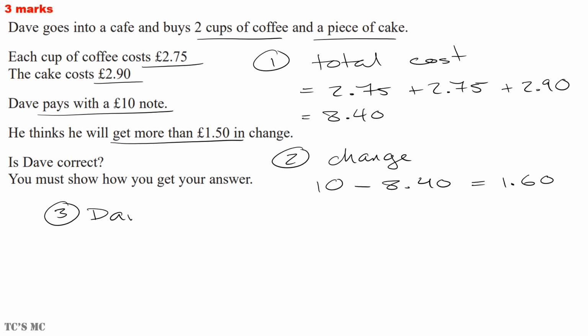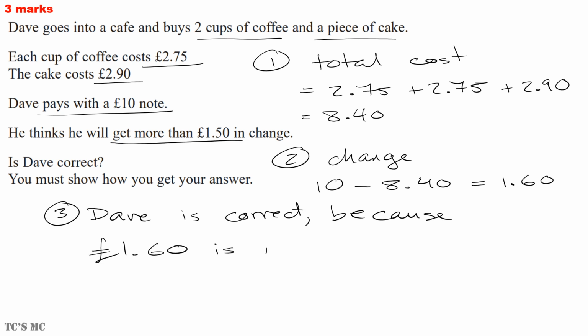Dave is correct. And now justify it, because £1.60 is more than £1.50. Make sure you set your working out very clearly.